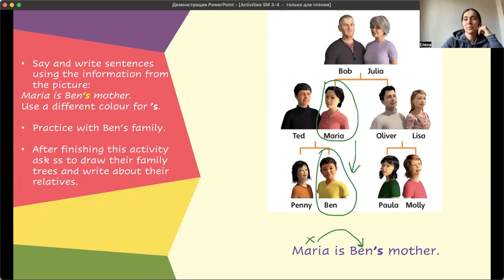I'm trying to find the file which I usually use. I sometimes extend this task, of course, with the strong groups, or maybe on the second lesson on the same topic. But I try to show the contrast between apostrophe S like is and apostrophe S is possessive, because students get used to this apostrophe S like possessive case.